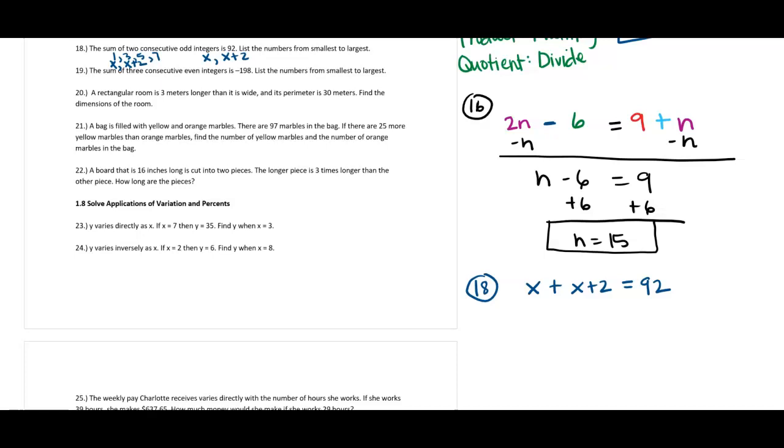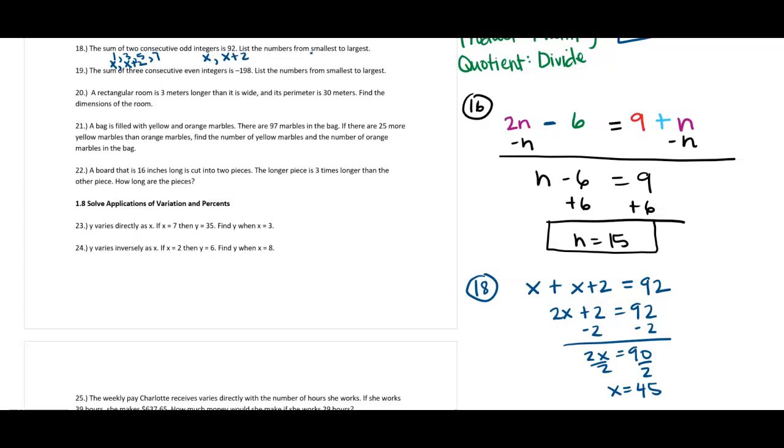So x plus x is 2x plus 2 equals 92. And then we can subtract the 2 over. 2x equals 90. Divide by 2. So x equals 45.